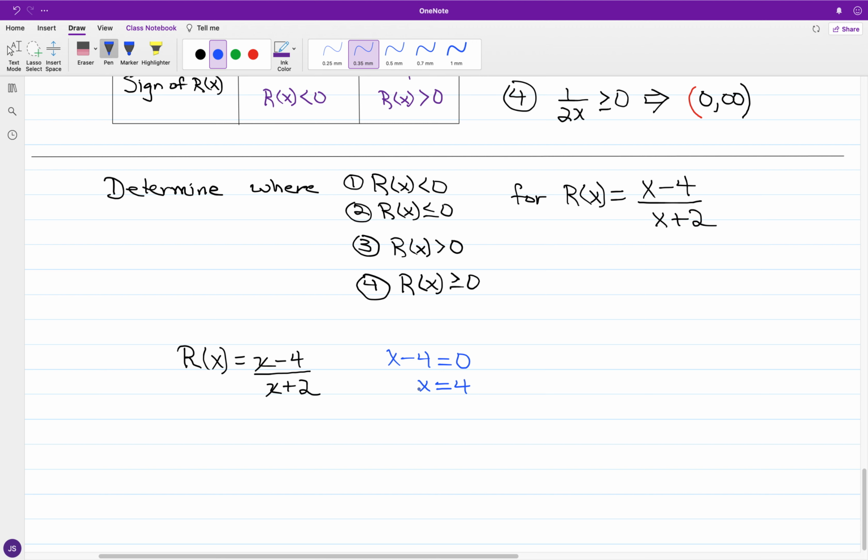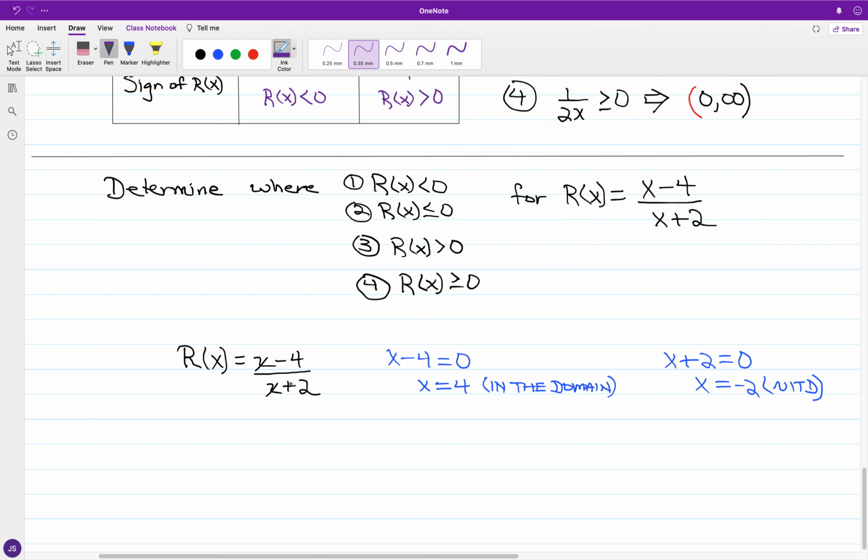Because this expression is in the numerator, that one is in the domain. As for x plus 2, our other variable expression, this one is in the denominator, so any zero from this, in this case negative 2, is not in the domain.